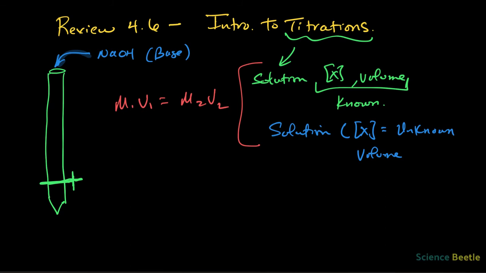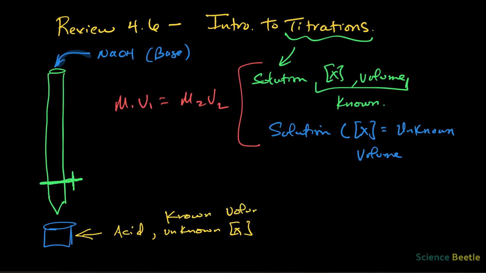At the bottom, we usually have a beaker of some sort, and this beaker is usually going to have an acid. It's this acid of unknown concentration, but the volume is known. So let's put that there, known volume.